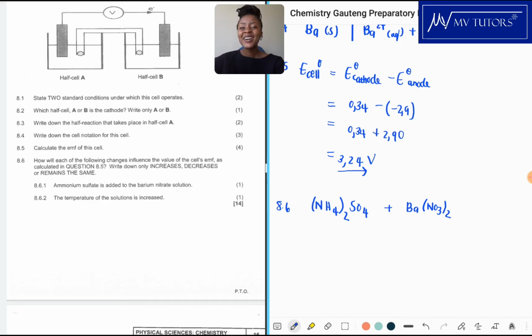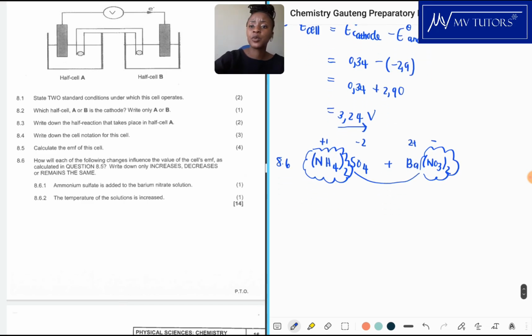So once you add ammonium sulfate, if only it increased either the content of barium, or yeah, I actually don't know. If you add the two, what's going to happen is, this one has a -1 charge, this is a +1 charge, this is a 2 minus charge. This is a 2 plus, and that's going to be a minus. So this will want to attract to that, and these would be your spectator ions.